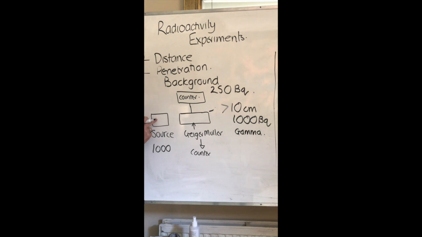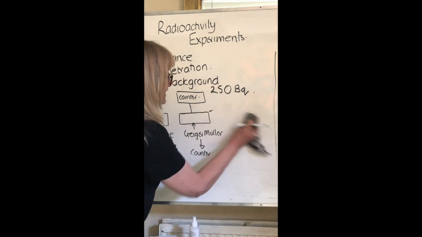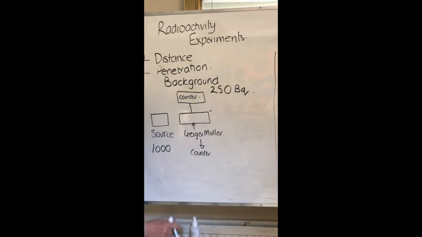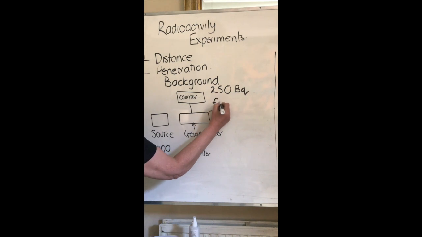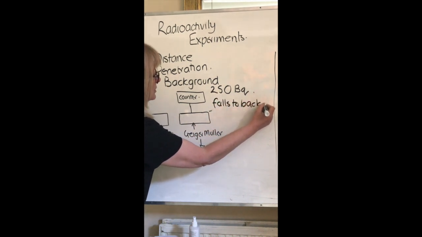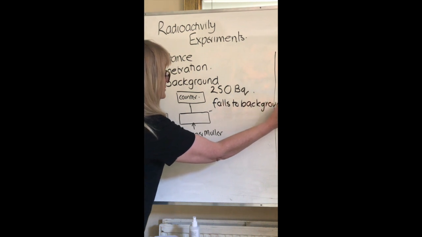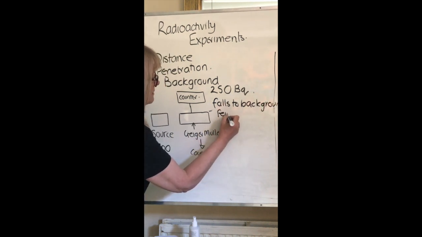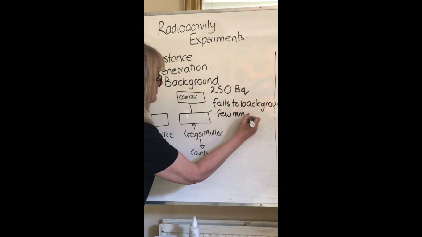Okay. So to summarise for that question, make sure that you've got your source labelled. You'd be amazed at how many people forget the source. Make sure you've got your Geiger-Müller tube labelled and you've got it attached to a counter. Make sure that you clearly state that if radiation falls to background, and "falls to background" is a really good term to use, a few millimetres from the source, then you know that it's alpha.